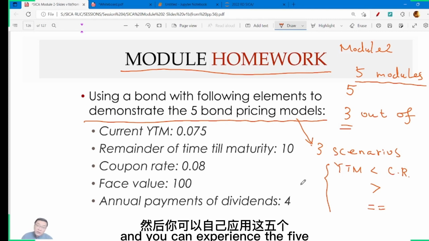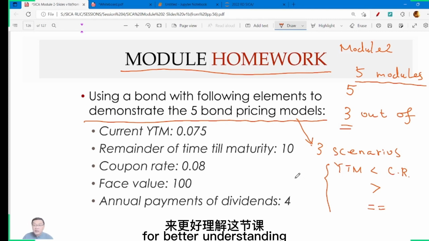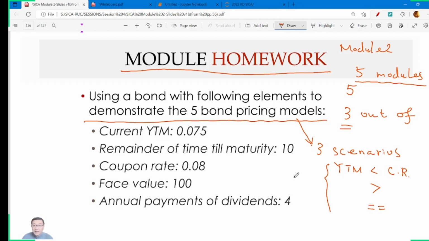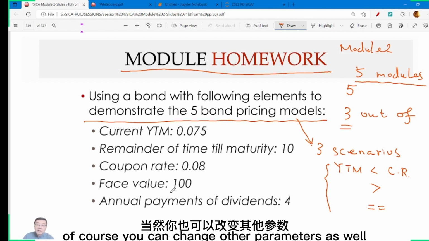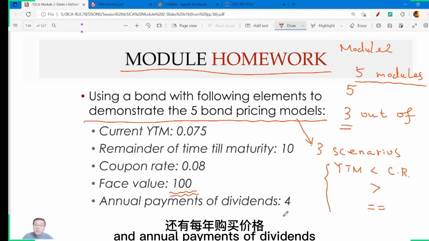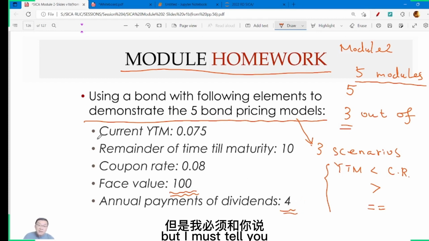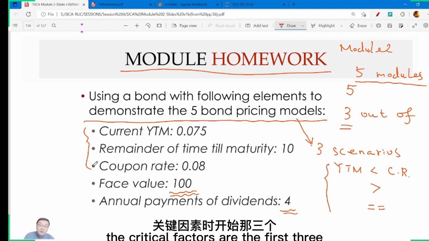And you can experience the 5 bond pricing models by yourself for better understanding. Of course, you can change other parameters as well and see their differences, including the face value and the annual dividend payments. But I must tell you the critical factors are the first three.